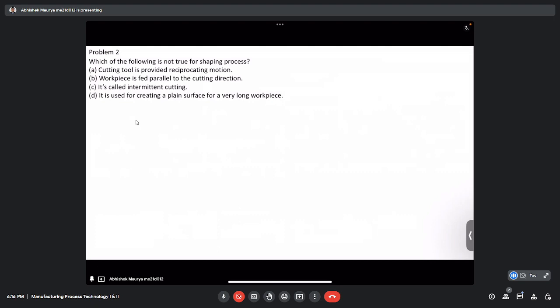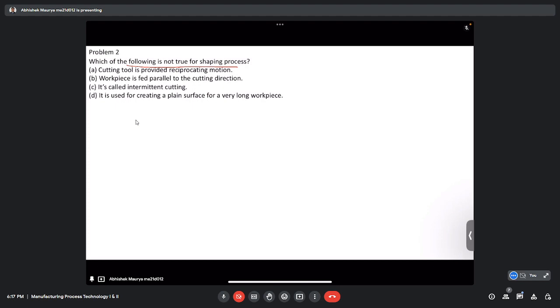Which of the following is not true for the shaping process? So why is the shaping process used? You have seen in your workshop this kind of machine. This is nothing but a shaper machine. The objective of this machine is to create flat surfaces.